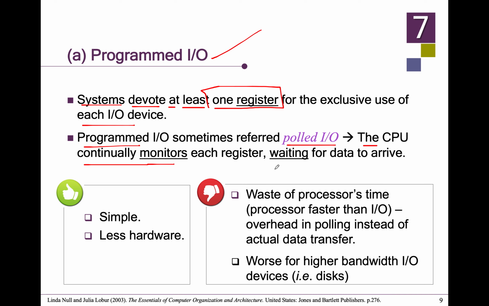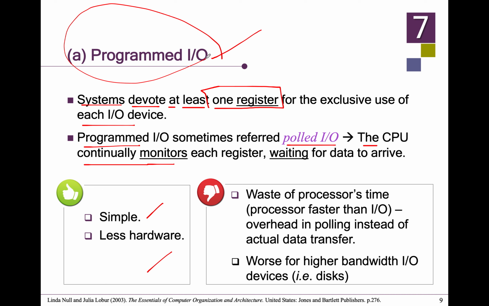And as I mentioned, everything in this world, techniques, people, equipments, has advantages and disadvantages. First, the advantage is that it is simple and needs less hardware. So this is for your first method.